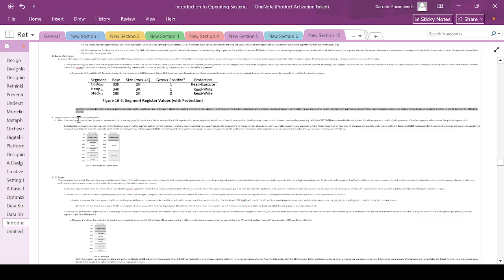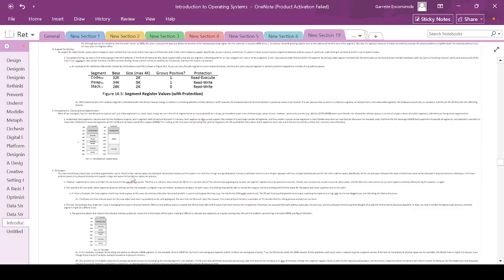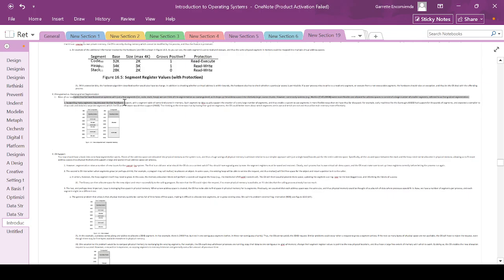Fine grain versus coarse grain segmentation. Most of our examples thus far have focused on systems with just a few segments, like code, stack, and heap.